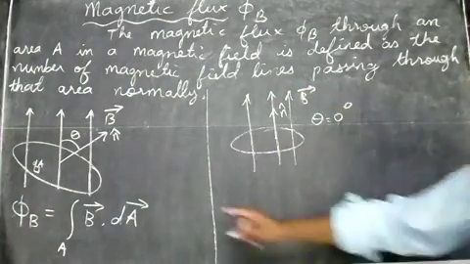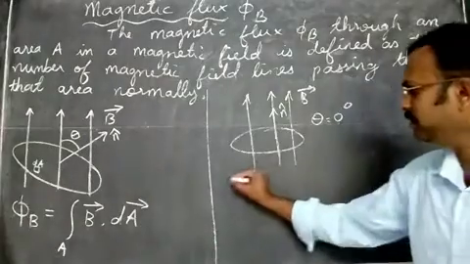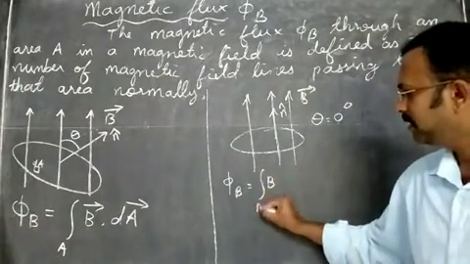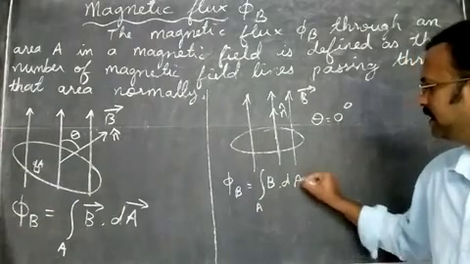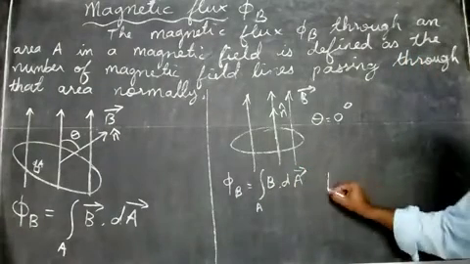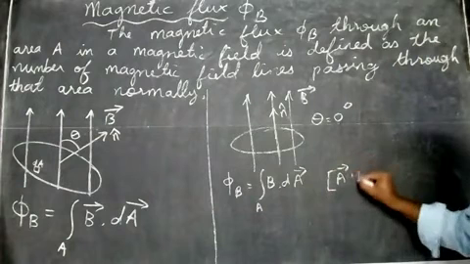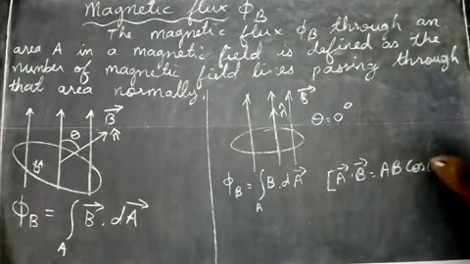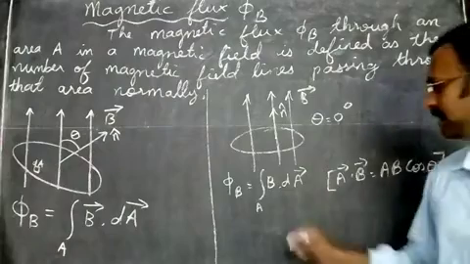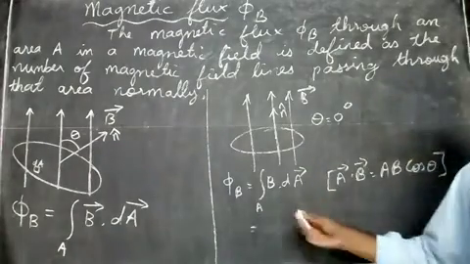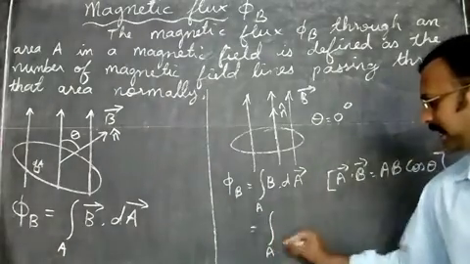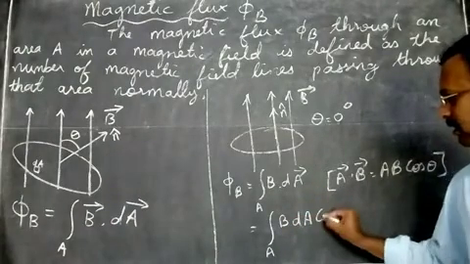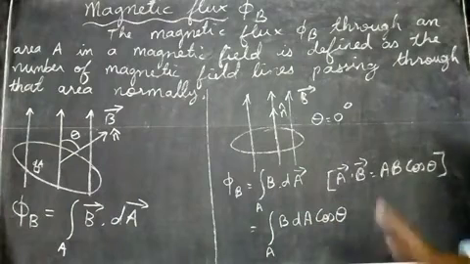Let's substitute into the formula. We know that phi b is equal to the integral of B vector dot dA vector. We know that A vector dot B vector is equal to AB cos theta. So B vector dot dA vector will be B dA cos theta.